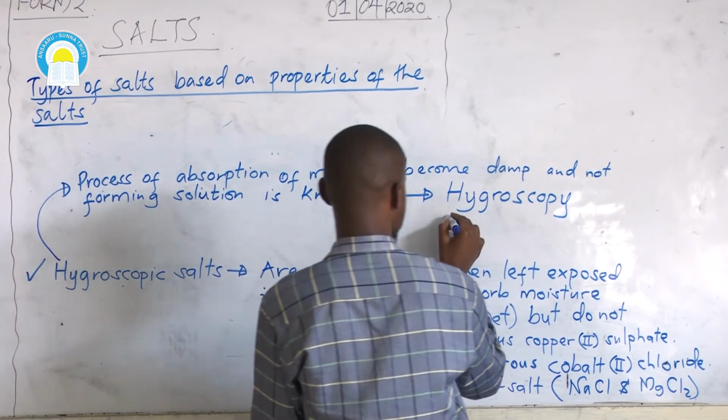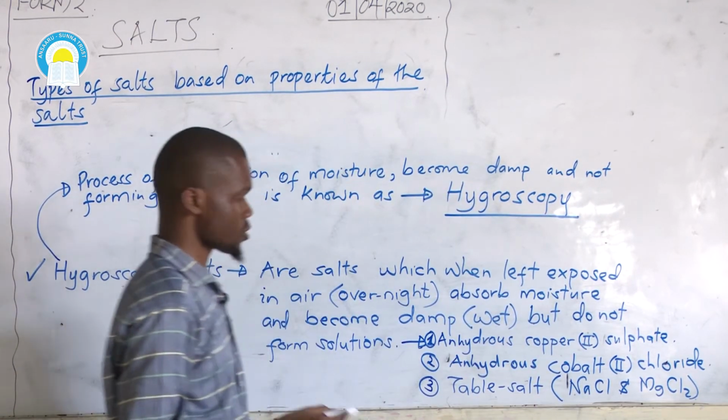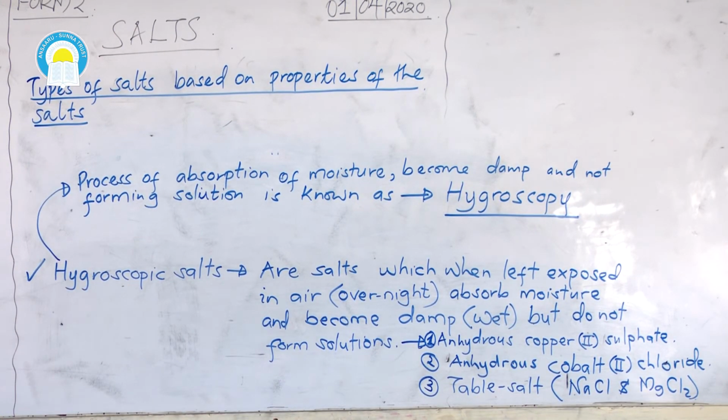So if the examiner talks about a process, the process is hygroscopy. But when the examiner talks about hygroscopic salts, then we are talking about the substances.